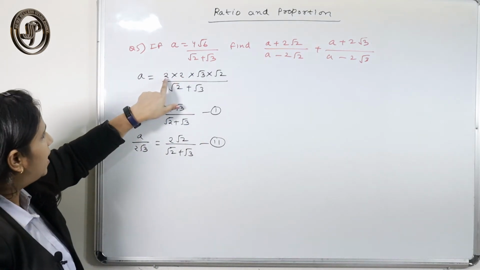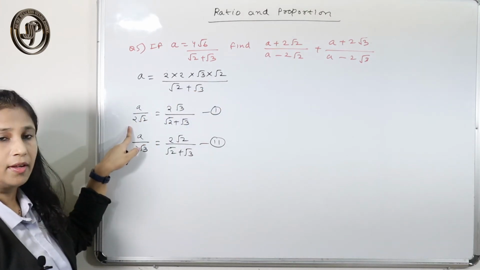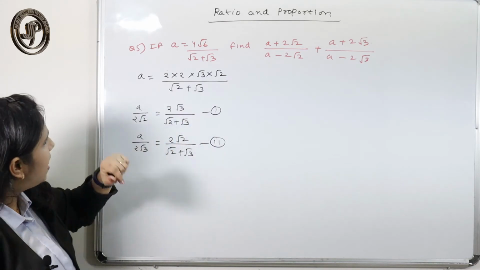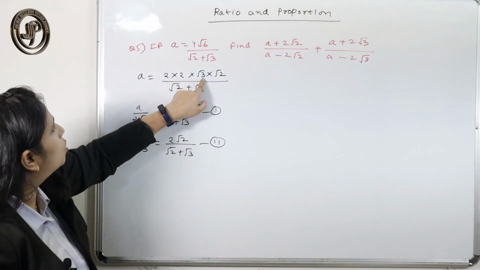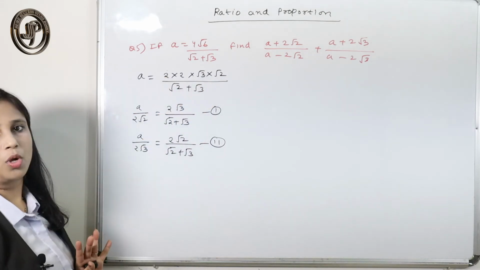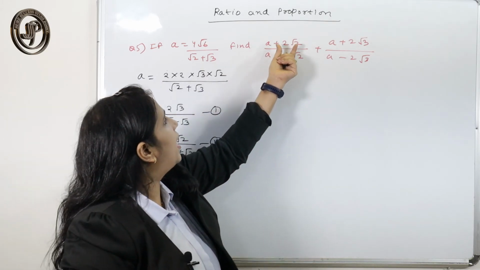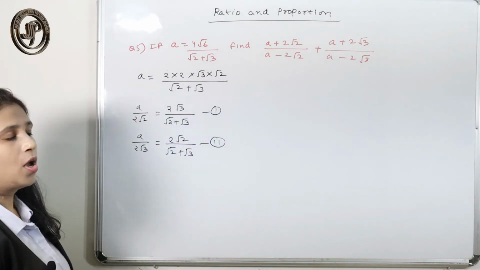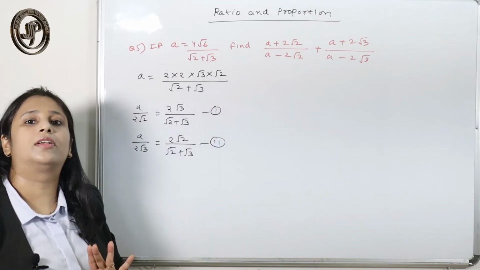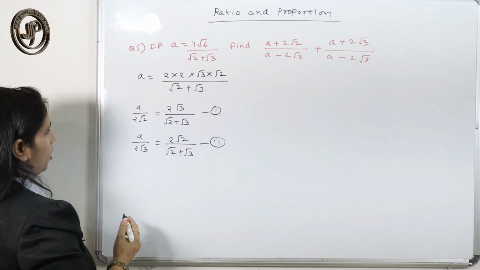First I have taken 2 root 2 down here, then I am left with 2 root 3. Next step I have taken 2 root 3 down, then I am left with 2 root 2. Why am I taking 2 root 2 down? Because here there is 2 root 2. Why am I taking 2 root 3 down? Because in the next step there is 2 root 3. Fine? Now that is the important thing.